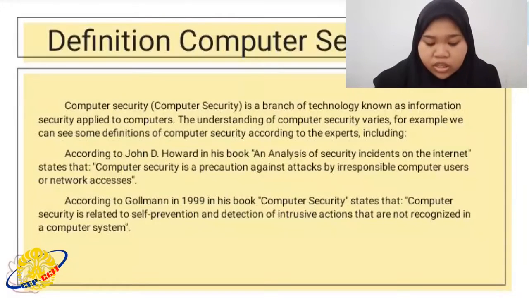Definition: Computer security. Computer security is a branch of technology known as information security applied to computers. The understanding of computer security varies. For example, we can see some definitions of computer security according to experts. According to John D. Howard in his book, An Analysis of Security Incidents on the Internet, computer security is a precaution against attacks by irresponsible computer users or network access.